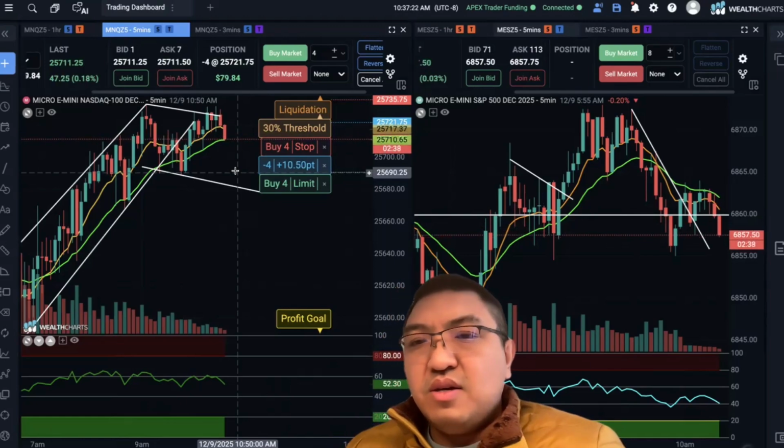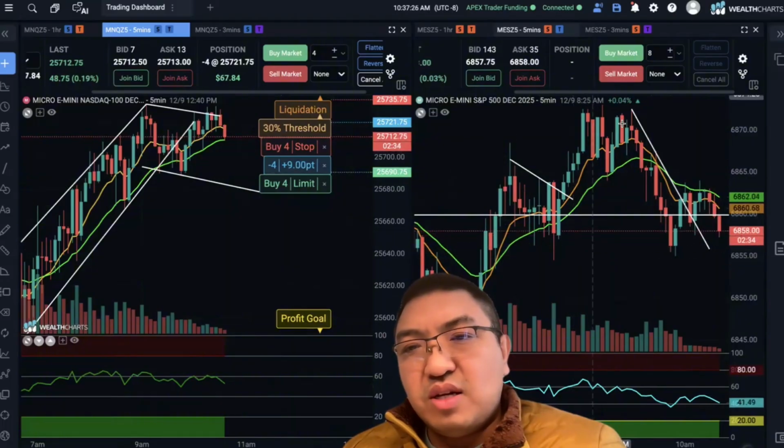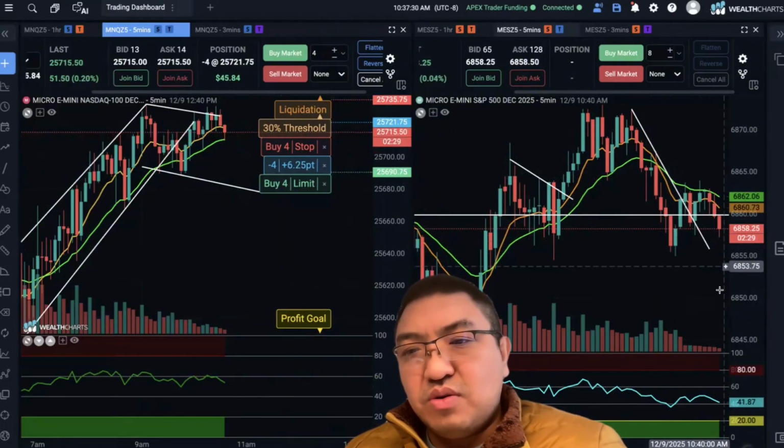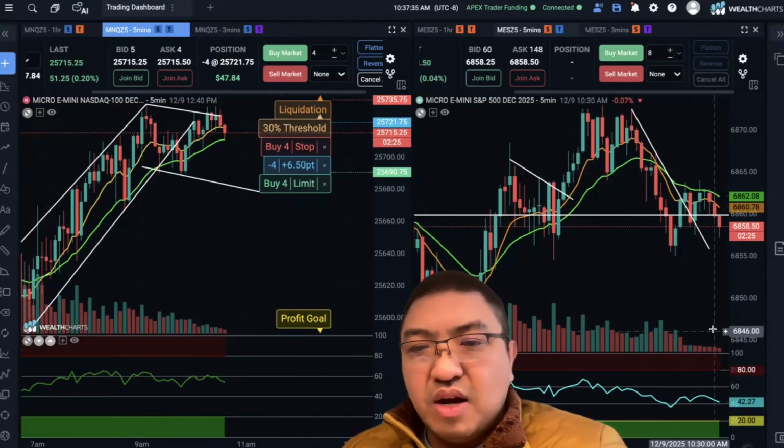Okay, let's see. Finish this reverse cup handle pattern. Shoulder, head, shoulder. So it's going up here, going down here.